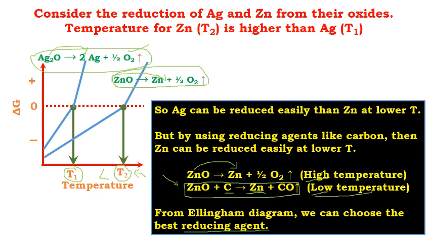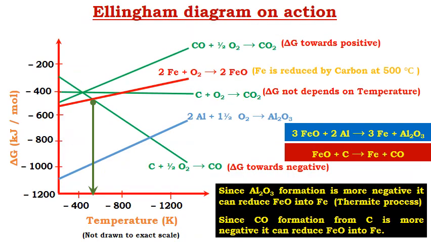So the important use of the Ellingham diagram is that we can choose the best reducing agent for the reduction reaction. In addition, we can predict the temperature required to carry out the reduction reaction.